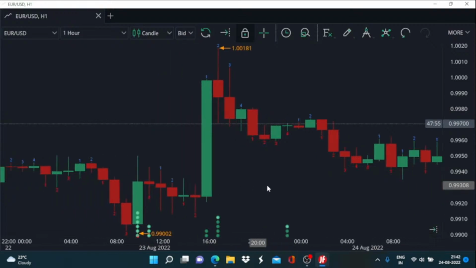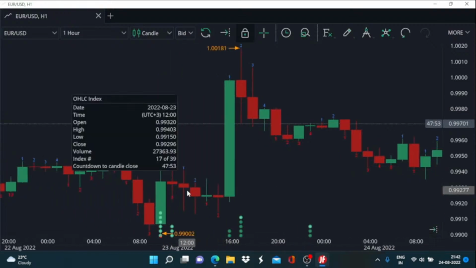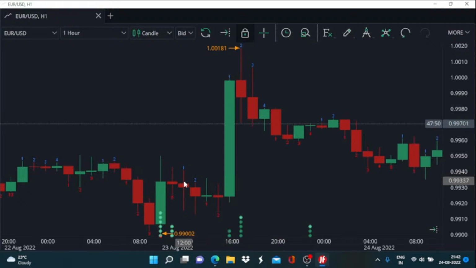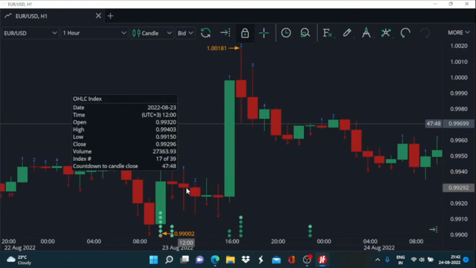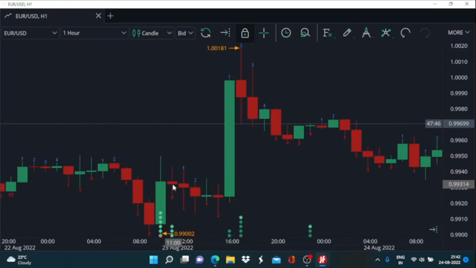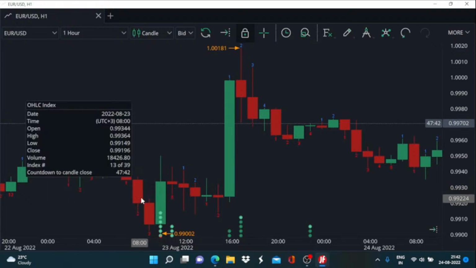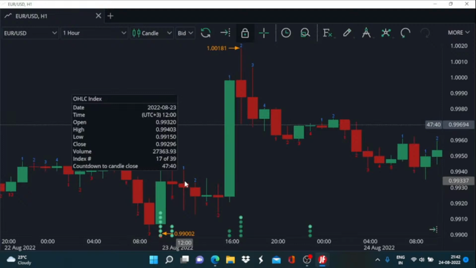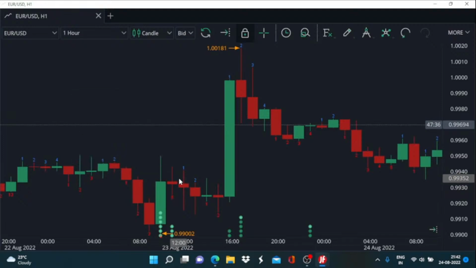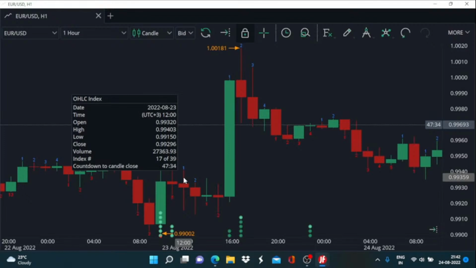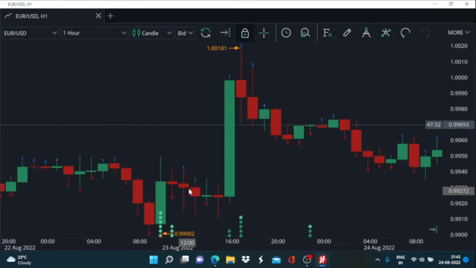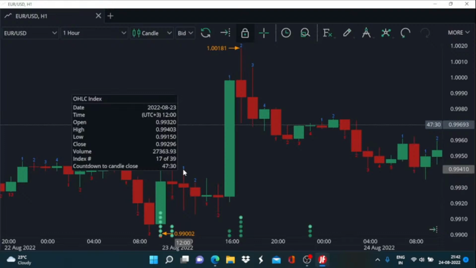Whenever we have the close of the current candle above, sorry, above the fourth last candle close, then we will have this current candle's closing value determining that it is now showing some tendency to turn from bearish to bullish, so it will be numbered 1.